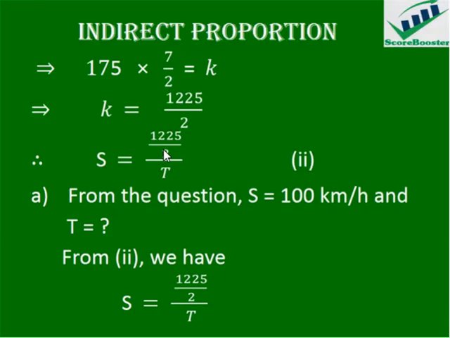So we're asked to obtain the time it will take the car if it travels at a speed of 100 km per hour. So here we were given the value for speed to be 100 km per hour, and we are asked to obtain the time. So from the relationship, S equals 1225 over 2, everything divided by t.